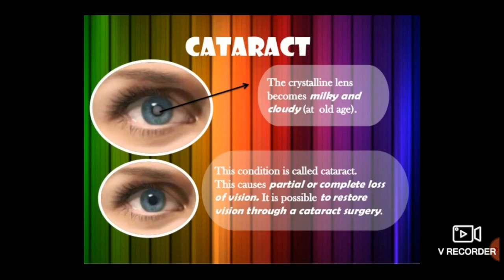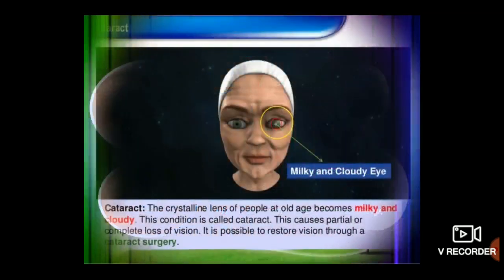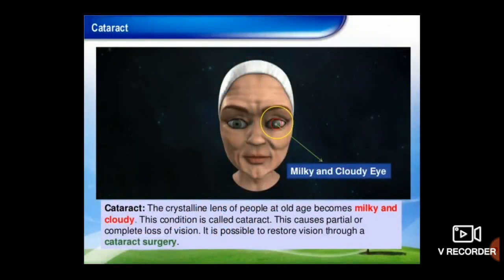When it happens, the person is said to have cataract. This leads to decrease or loss of vision of the eye. But keep in mind, it is possible to restore the vision by replacement of the opaque lens with a new artificial lens.